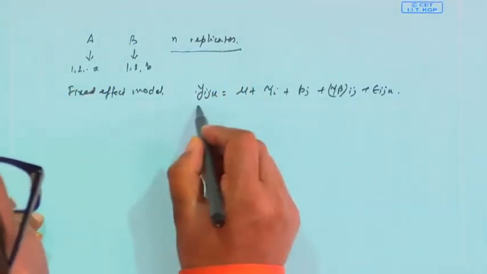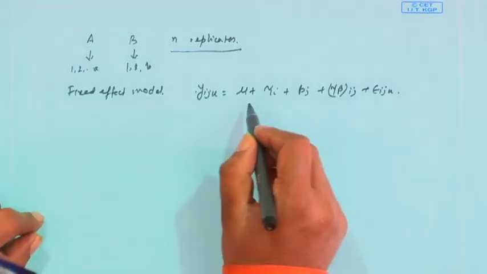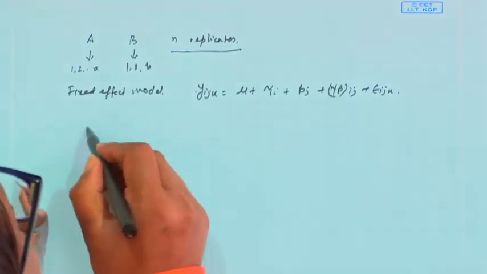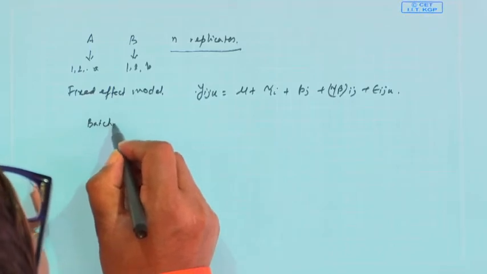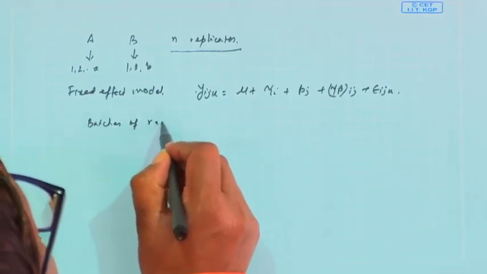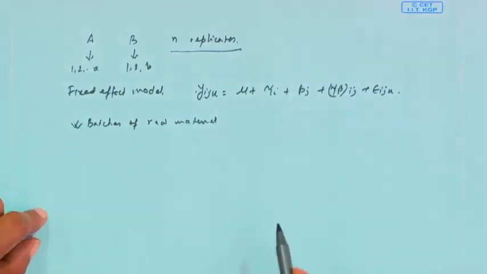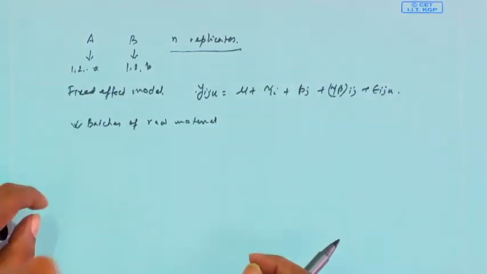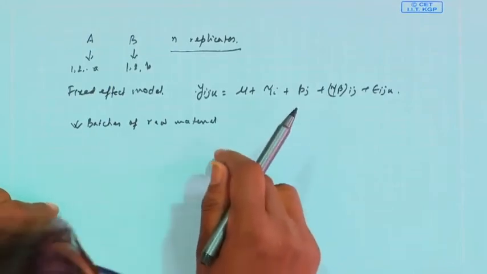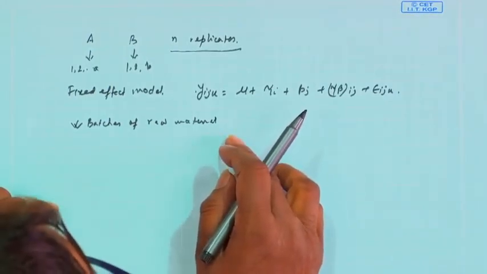When you are running this experiment, you are using different batches of raw material. Obviously, these batches of raw material may create nuisance and it has to be controlled.